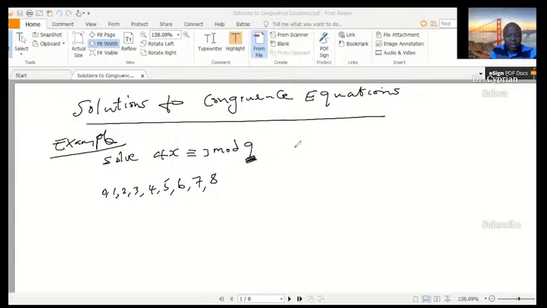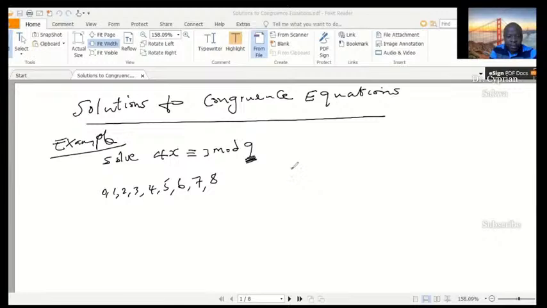Or we can also use Euler's theorem to find the inverse of 4 and multiply by that inverse on both sides. And you know, when you multiply 4 by its inverse, you get 1. So the left side will be left with the x, and that is what we are looking for. And then you multiply by that inverse here, and so you have the solution. But let's use this trial first.